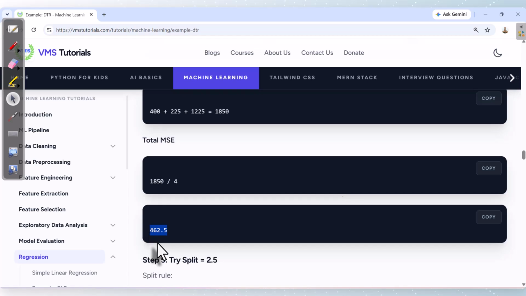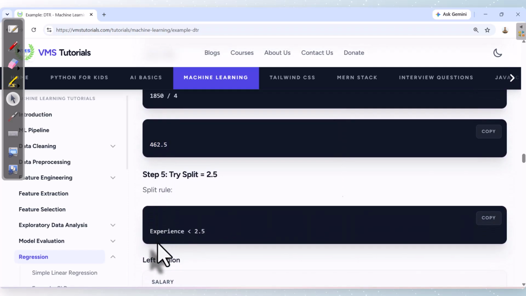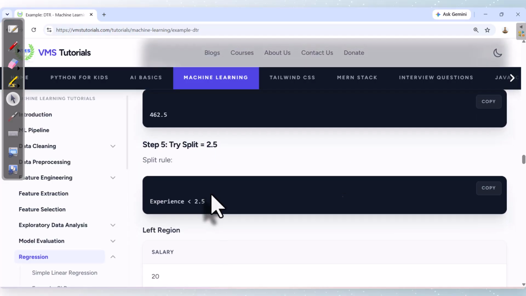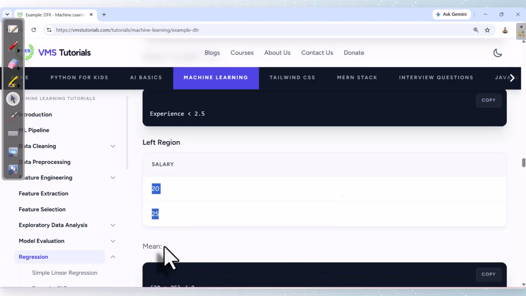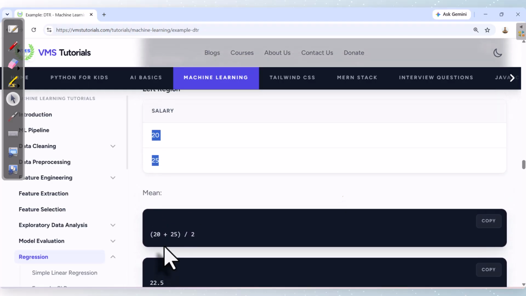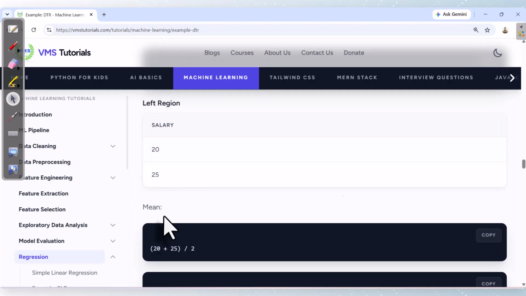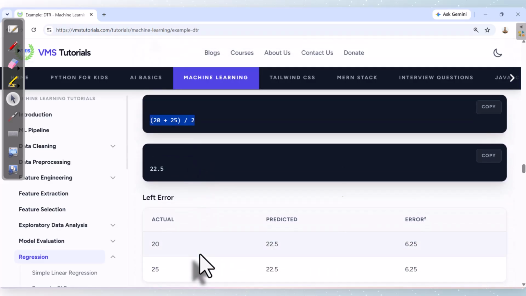And similarly, you have to try split at 2.5. Now the split rule will be something like this. If experience less than 2.5, then the left region will have 2 points, and the right region will have 2 points. Now calculate the average for the left region. 20 plus 25 by 2, that is 45 by 2, 22.5.